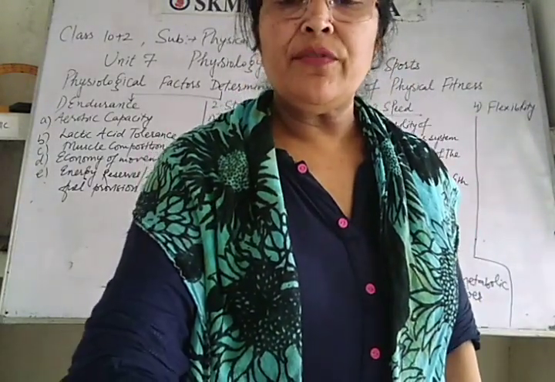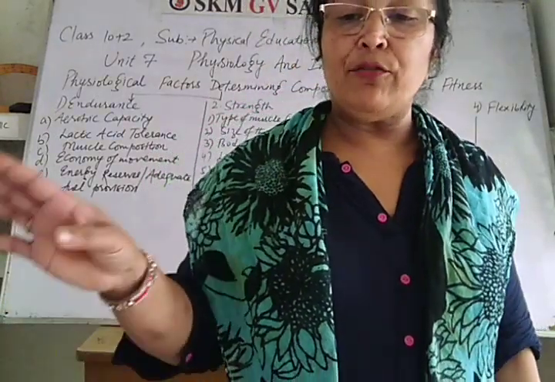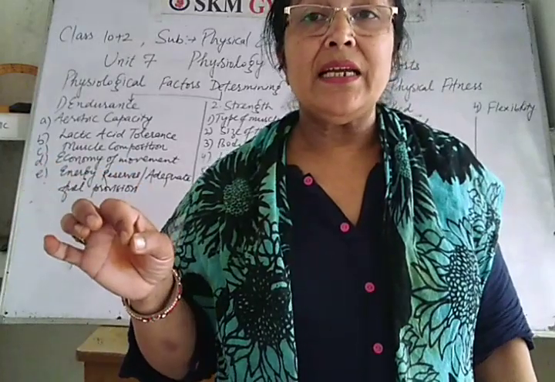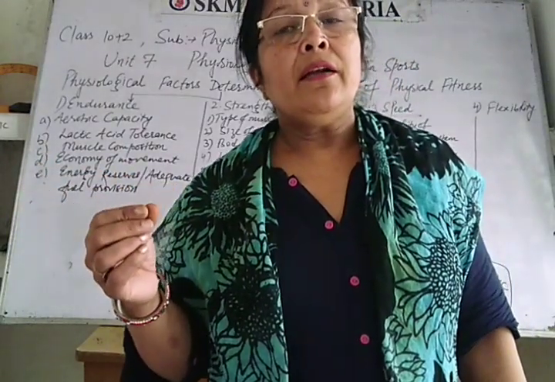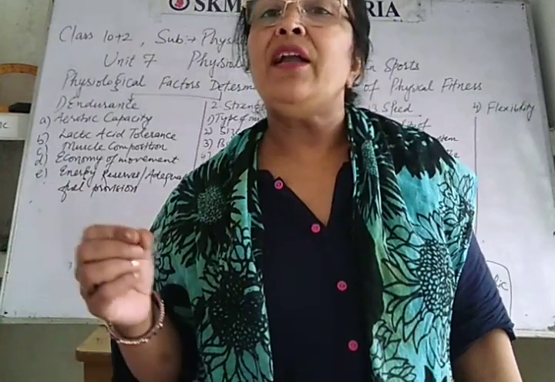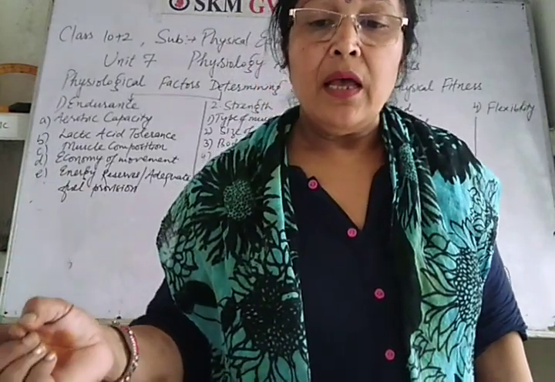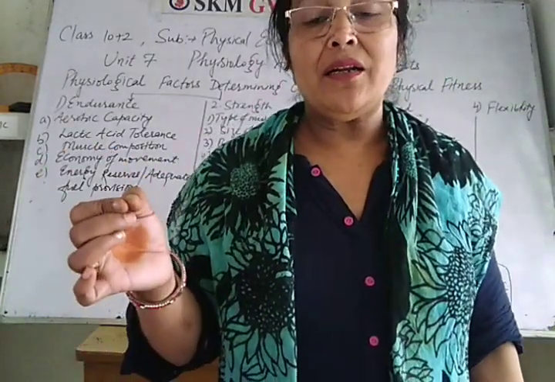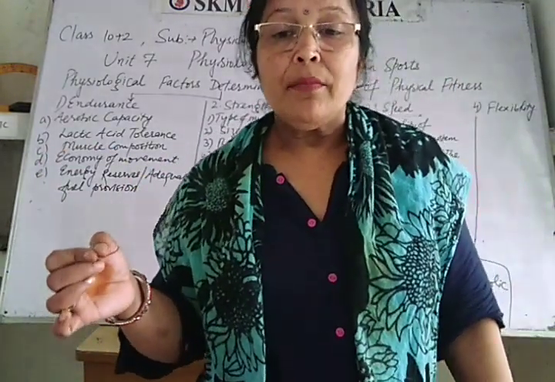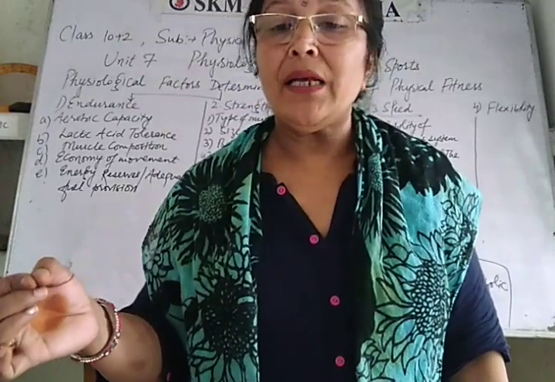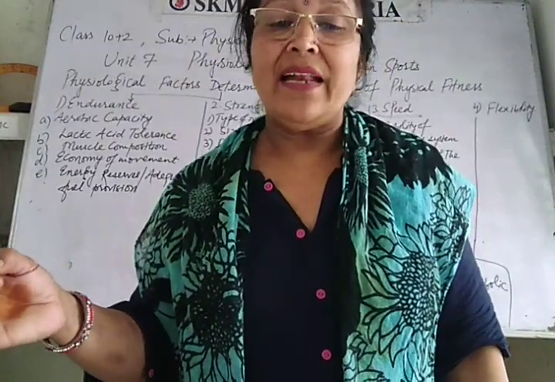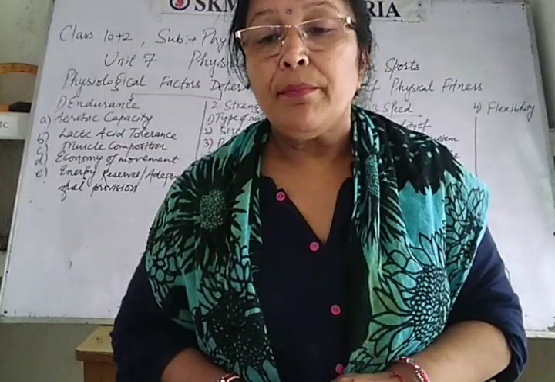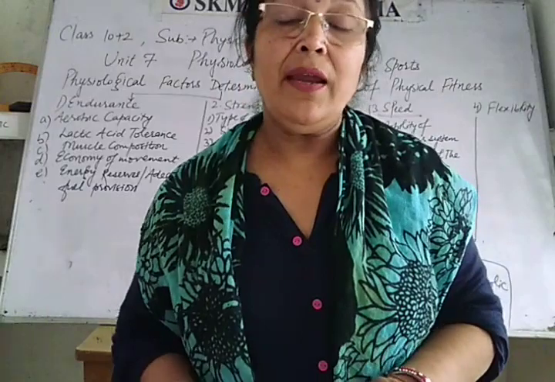For muscle composition, I have told you that 3 types of muscles are there: slow twitch muscle, fast twitch muscle of first type, and fast twitch muscle of second type. Fast twitch fibers are much better at generating short bursts of strength or speed than slow twitch muscles. Thus, the greater the percentage of fast twitch muscle fibers, the faster the individual.